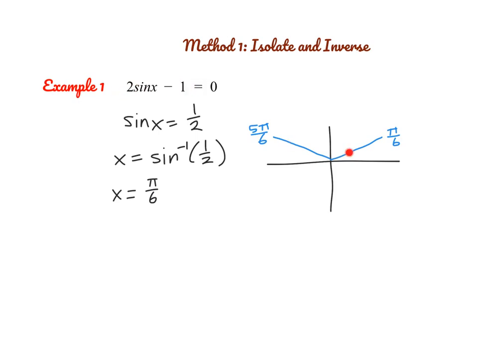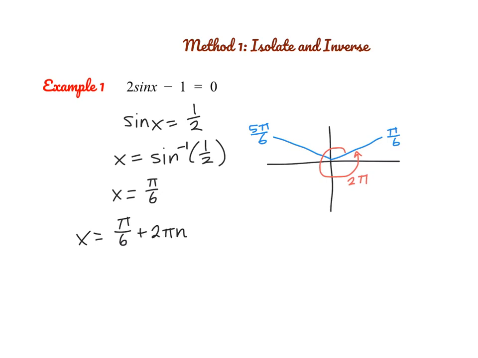These are two answers within one rotation, but in trigonometry we can keep on rotating infinitely. So we have to find a way to name those repeating answers. The next time this reoccurs is 2 pi units forward or backward. So we can say one answer is x equals pi over 6 plus 2 pi n.